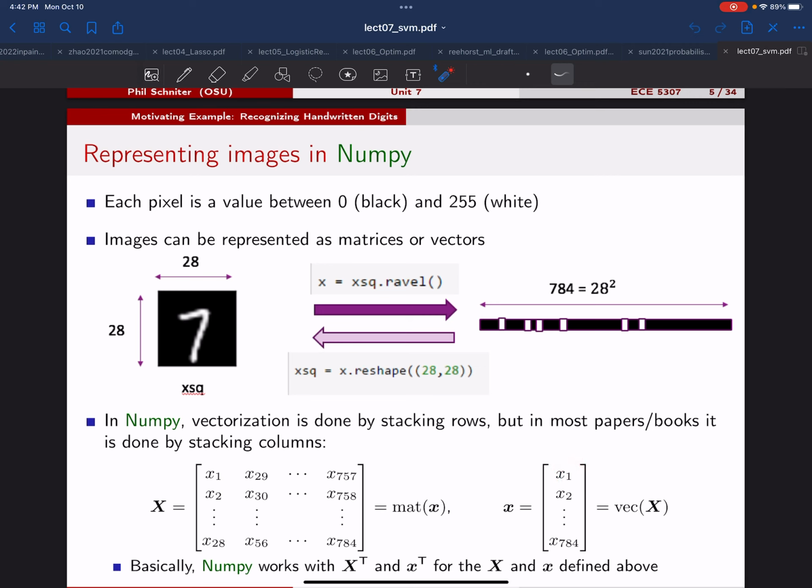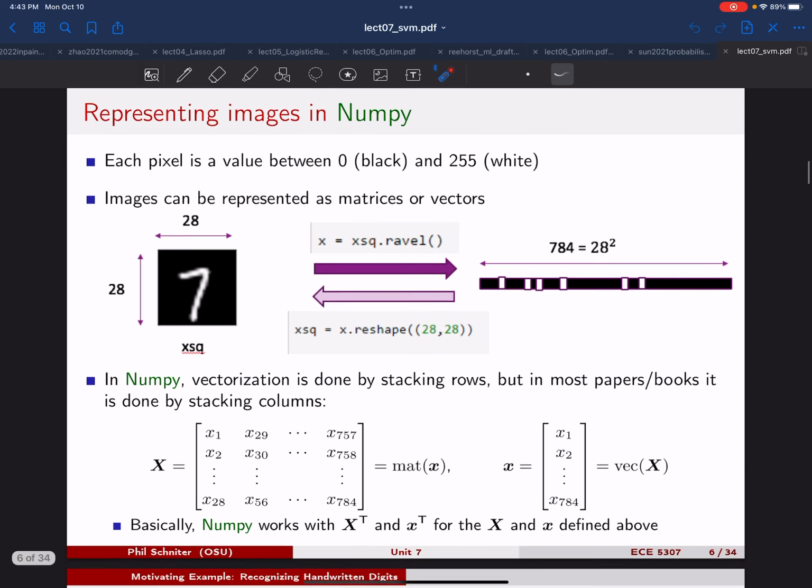Just remember that's not what NumPy does. NumPy actually works row-wise. So when you see these things written down, with NumPy you need to put transposes everywhere. If you transpose this matrix, the first column turns into the first row, and so on. So basically, NumPy is like the standard linear algebra notation, but with everything transposed.